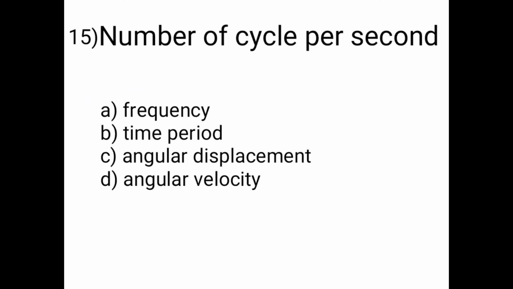Then question number 15 is, number of cycles per second. This is a very simple question. Options are A is frequency, B is time period, C is angular displacement and D is angular velocity. So the correct answer is option A, frequency. The number of cycles per second is called frequency.